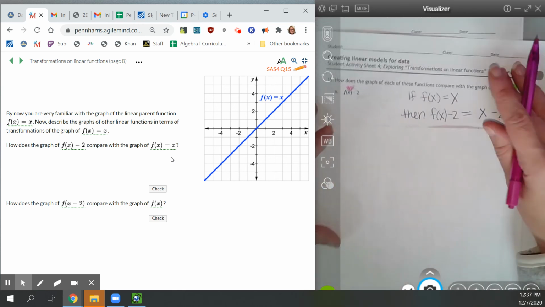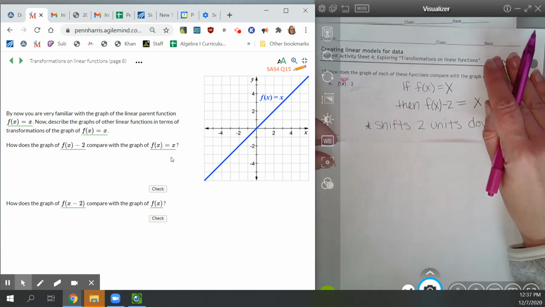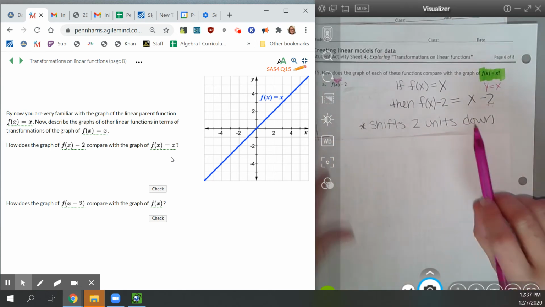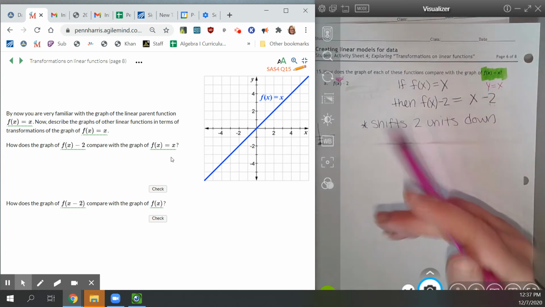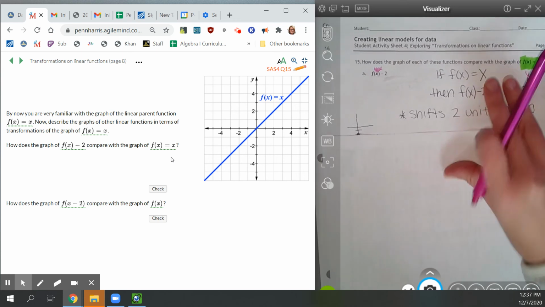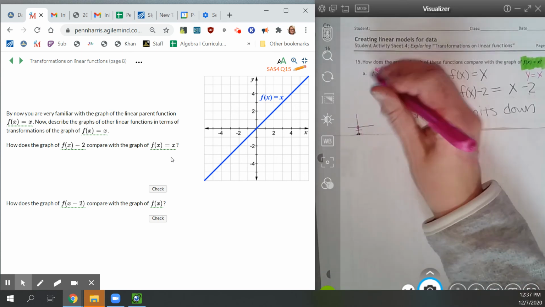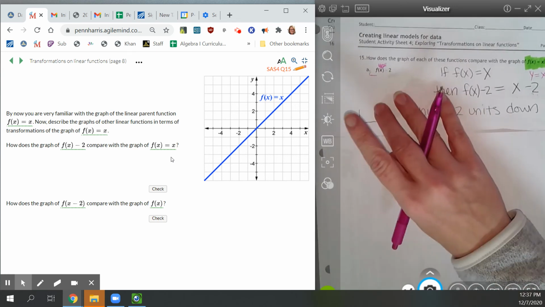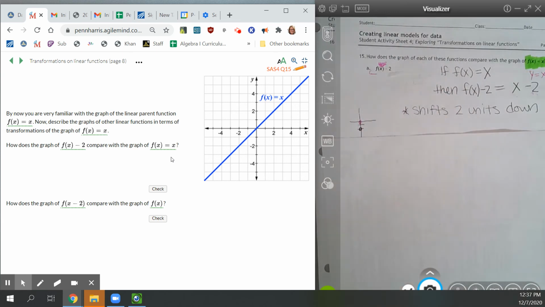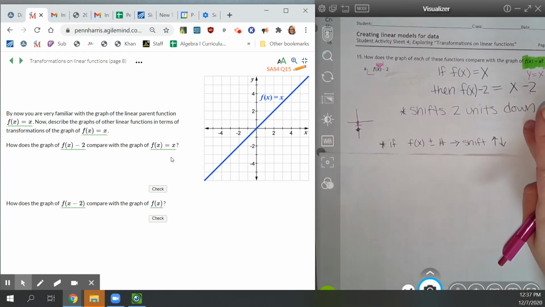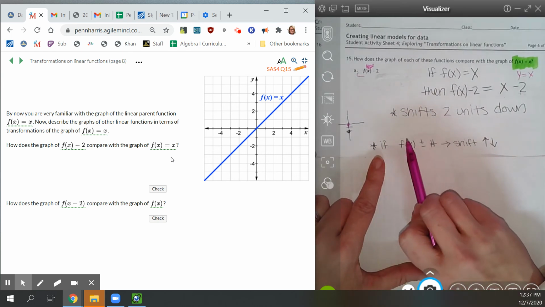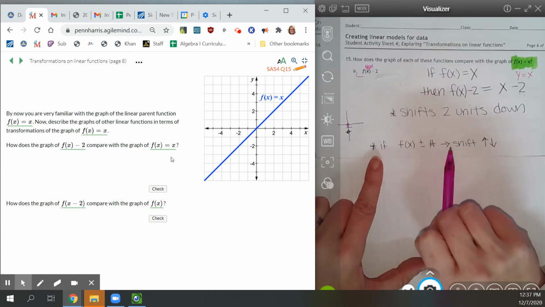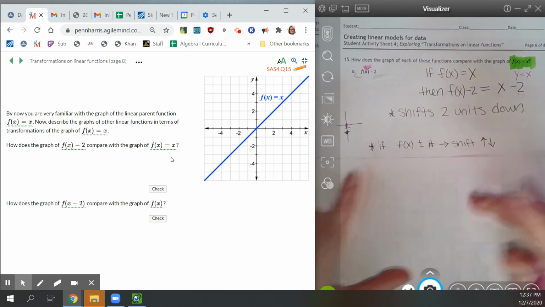And all that means is that we are going to shift this 2 units down. That means that we're going to take the graph and shift it from the center here 2 units down. That's it. And as something to remind, if f of x is plus or minus a number, that means we're either going to shift it up or down.